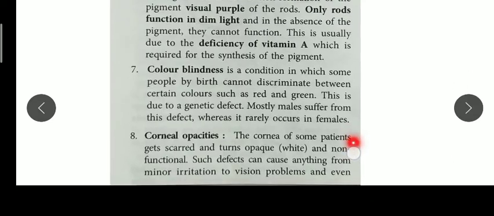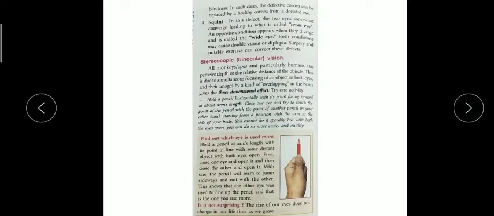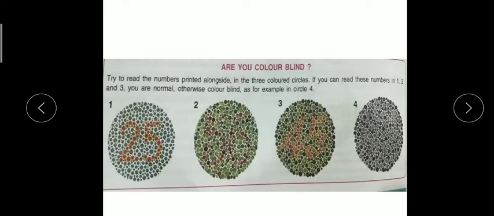So how can you find out whether you are color blind or not? You can see these cards. In this card numbers are written, like I can read this number nicely, thank God.